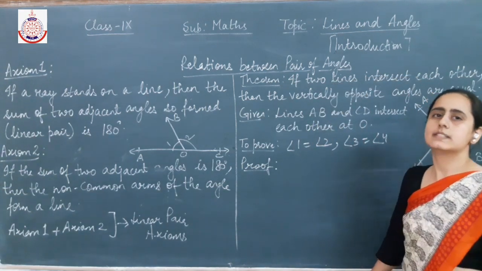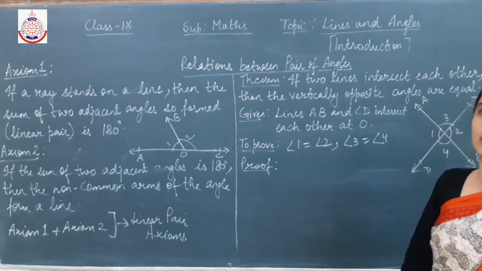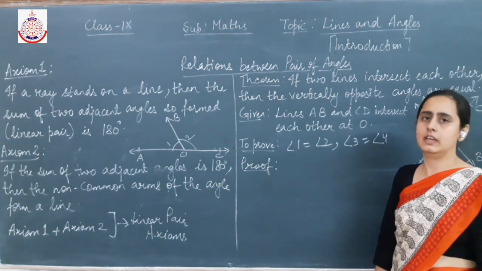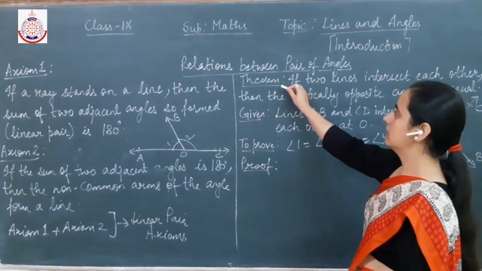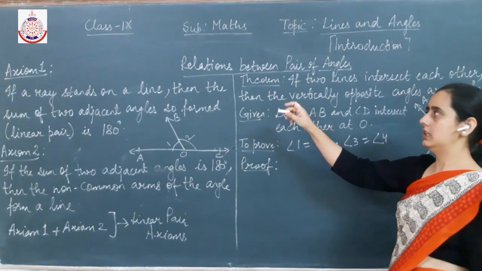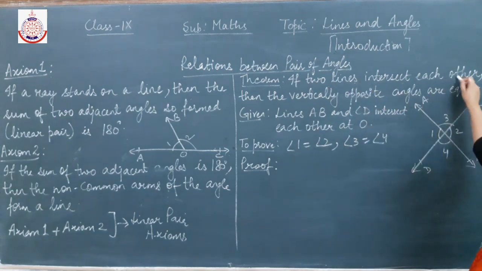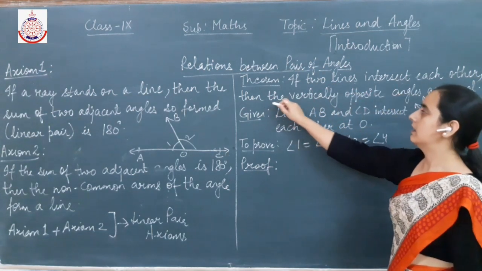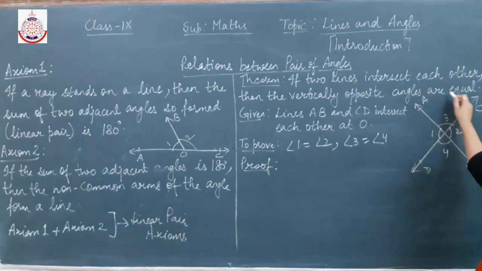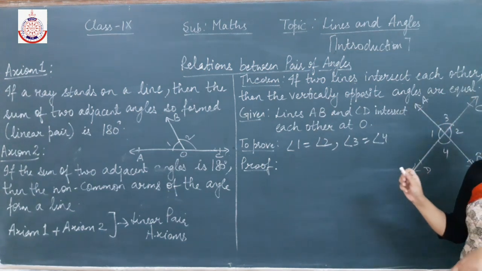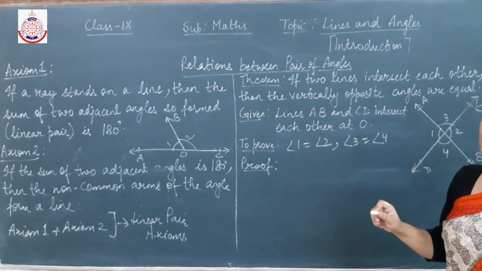Now let us discuss one theorem. As these are new concepts, you have to learn the method of proving any result also. First of all, we have to write the statement of the theorem. The statement says if two lines intersect each other, then the vertically opposite angles are equal. I discussed before what vertically opposite angles are.